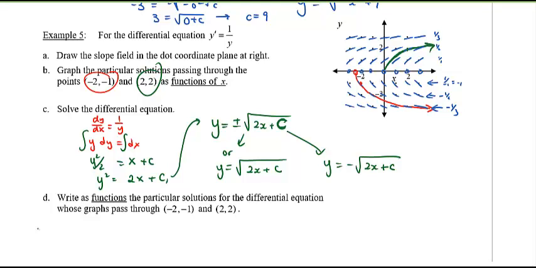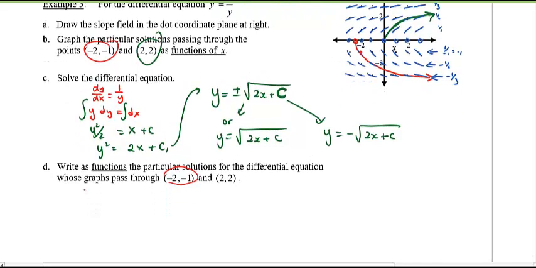And then finally, write as functions the particular solutions. So once again, let me try and color code this. Negative 2 comma negative 1. I must use the equation with the negative sign. We will go ahead and plug in the numbers. 2 times negative 2 plus c. Negatives cancel out.